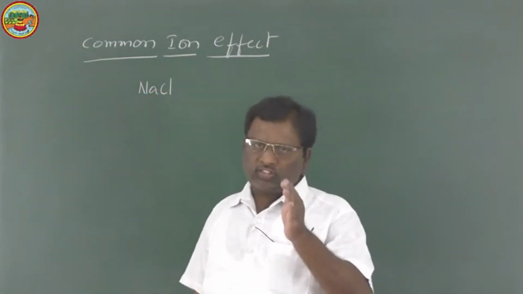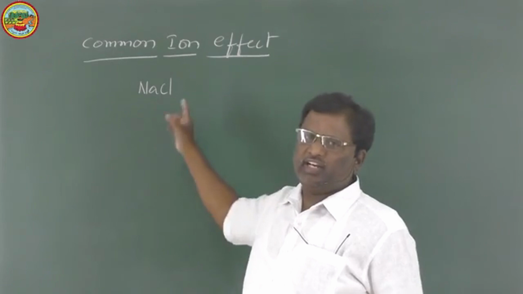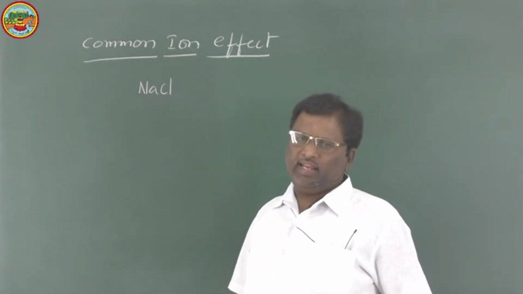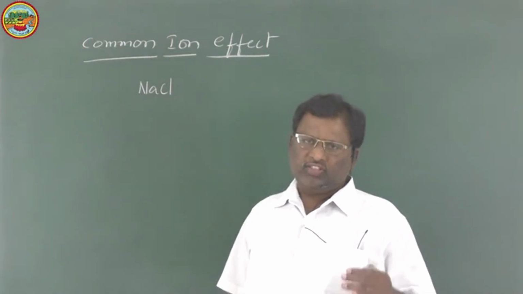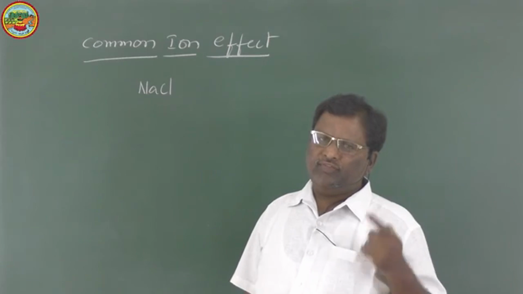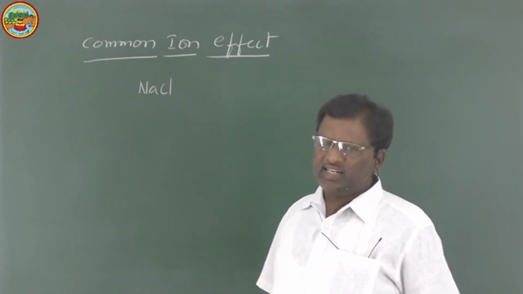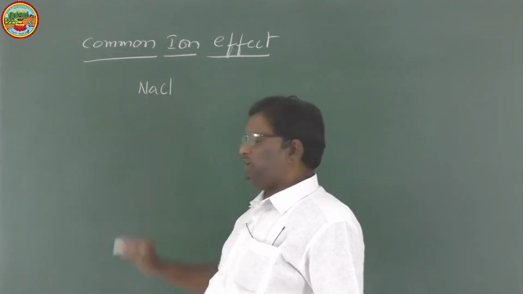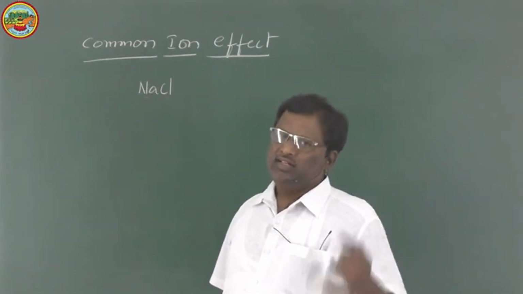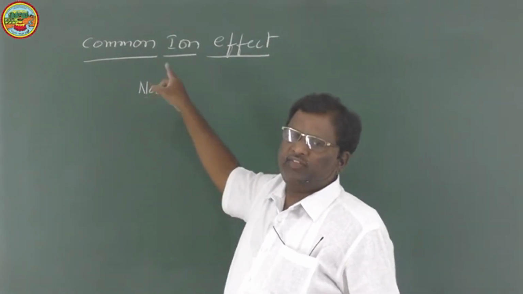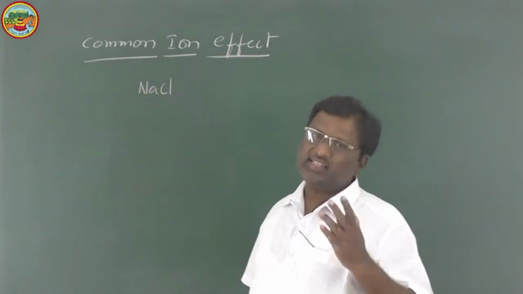Now if you want to decrease the solubility of NaCl, before adding NaCl to the solvent, if you increase the concentration of Cl minus ions or Na plus ions in that solution, the solubility of NaCl decreases.